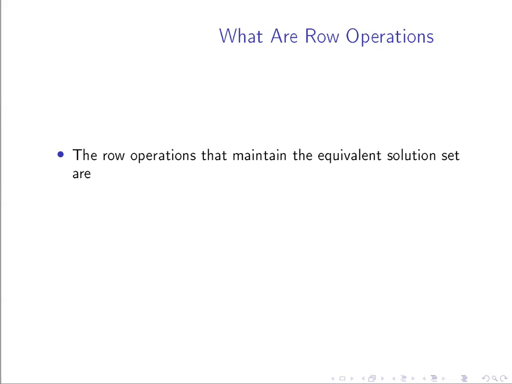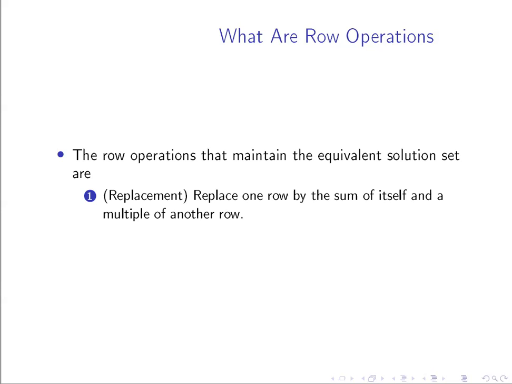Now, a row operation will maintain the equivalent solution set, meaning the solutions do not change, and there are a few of them. First is replace. I can replace any row by the sum of itself and a multiple of another row. I will demonstrate this in a second. You can think about this as adding two equations together and replacing one equation with the sum of two equations.